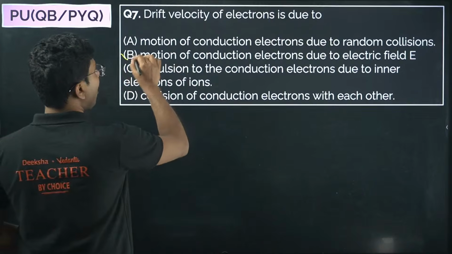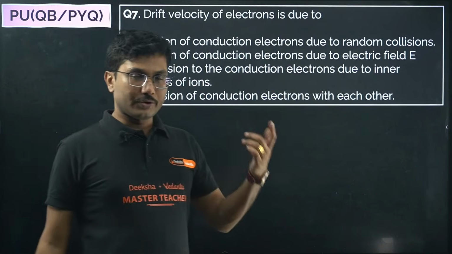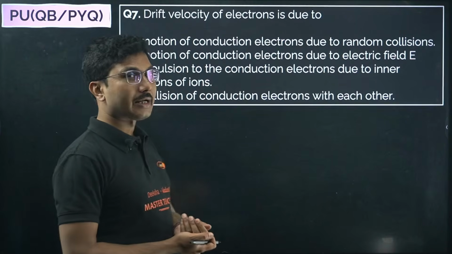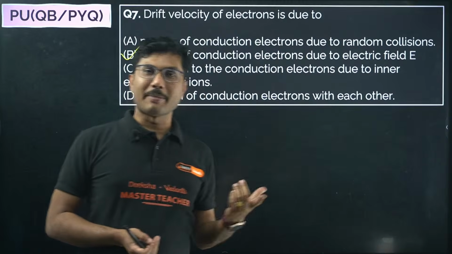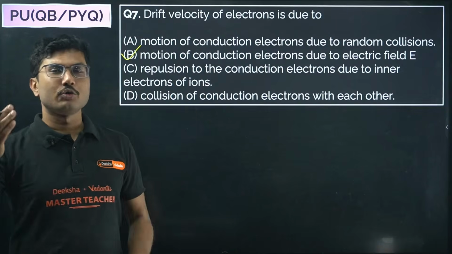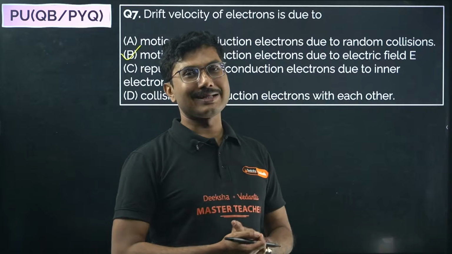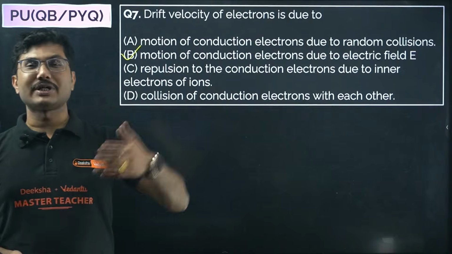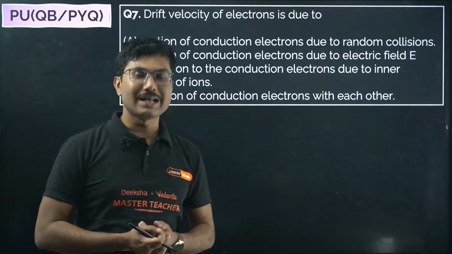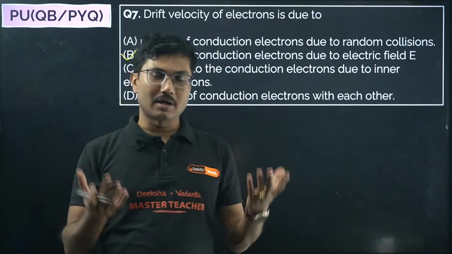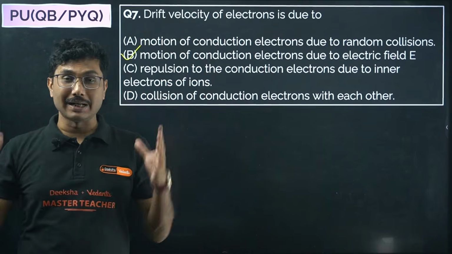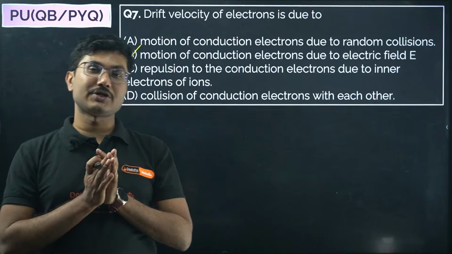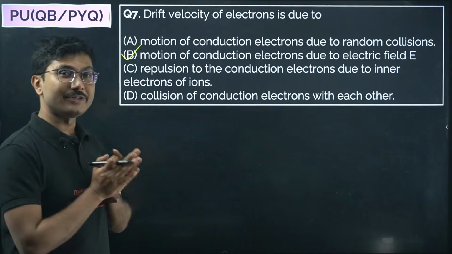Okay, so motion of conduction electrons. Those who have studied the semiconductor chapter are aware that there are different bands: conduction band and valence band. Those who have studied chemistry know the valence shell. The outer shell, the valence shell, is called the conduction shell, and when you consider the bulk properties of a metal, these shells all merge together and give the conduction band, which is very essential in physics.